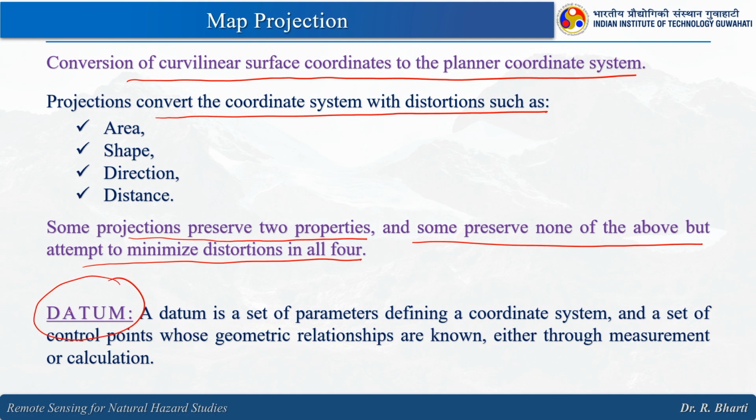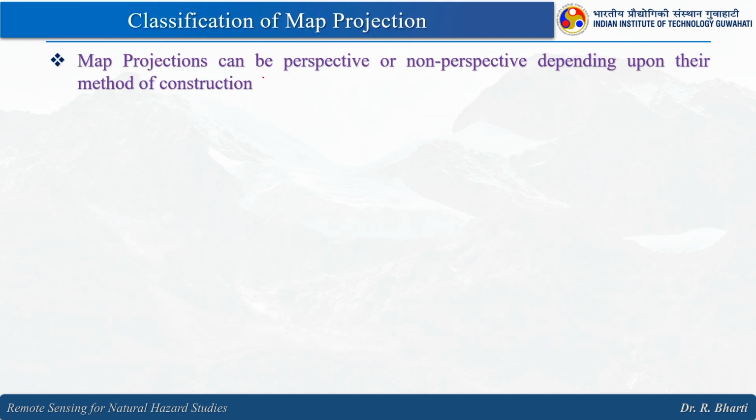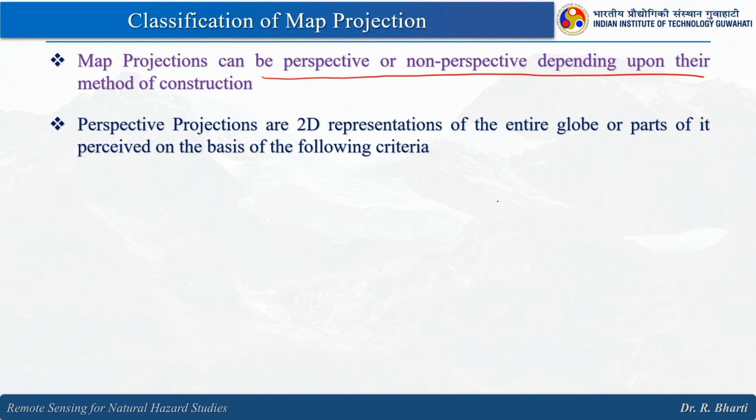Now we have the datum. Datum is a set of parameters defining a coordinate system and a set of control points whose geometric relationships are known either through measurement or calculation. Map projection can be perspective or non-perspective depending upon their method of construction.